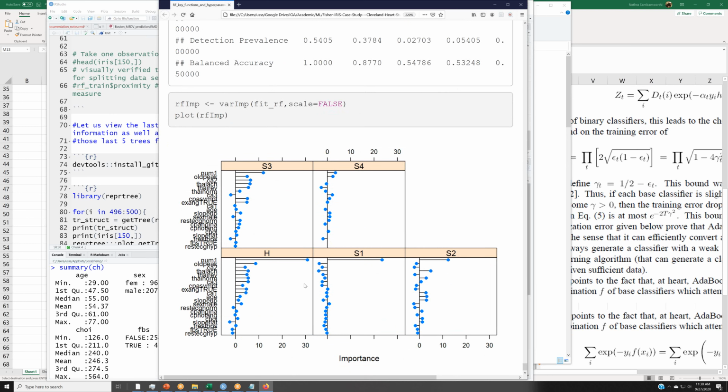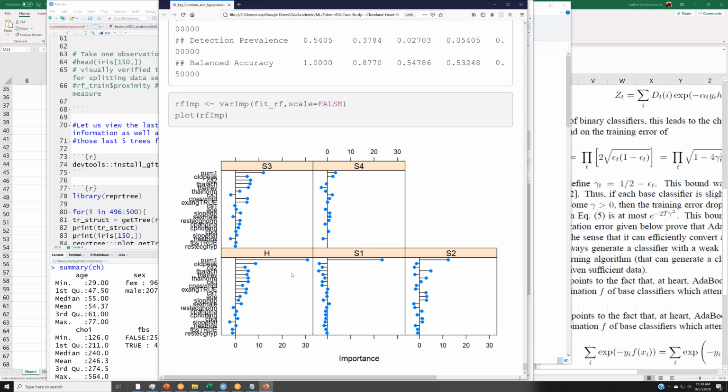But the rest of the variables tell you something. To the left means it's negatively correlated, to the right means it's positively correlated. For example, this variable, THALACH, is very important for the S2 category, but not very important for the S1 category.